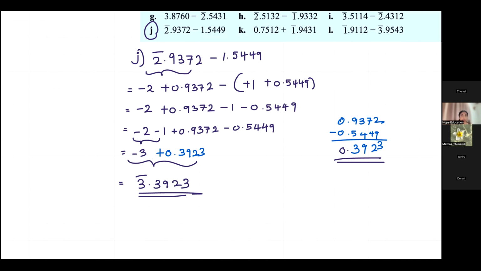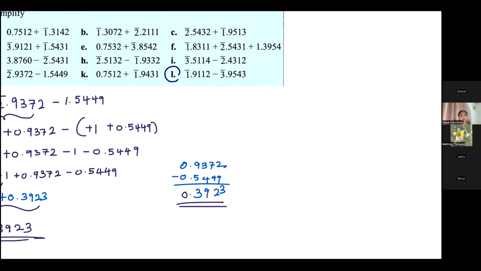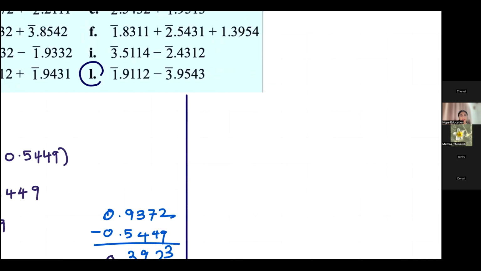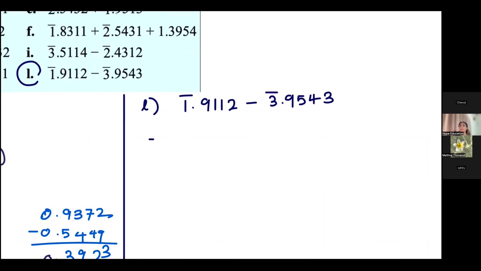Okay, now L. Let's discuss L. Bar 1.9112 minus bar 3.9543. So again, I will separate the characteristic and mantissa.